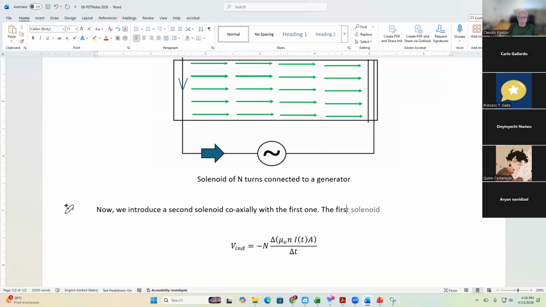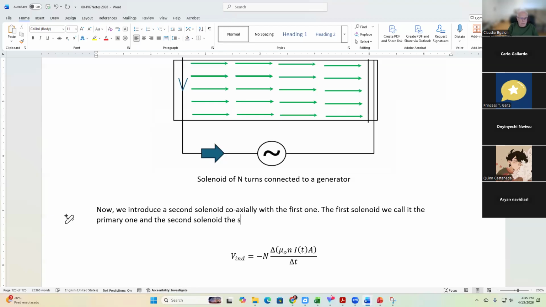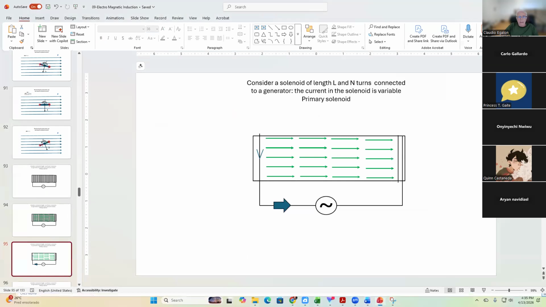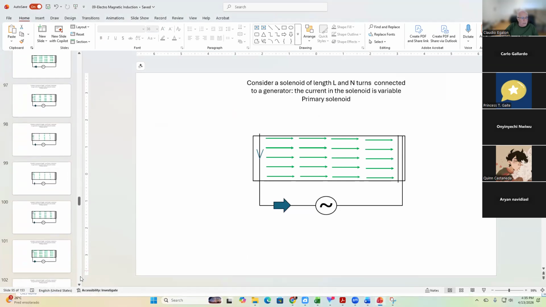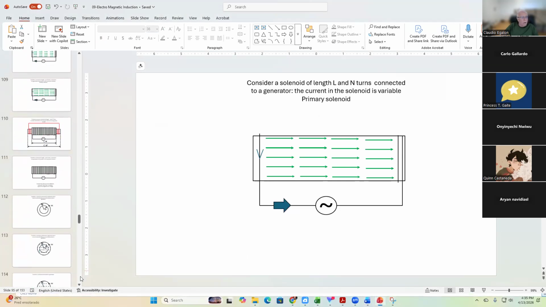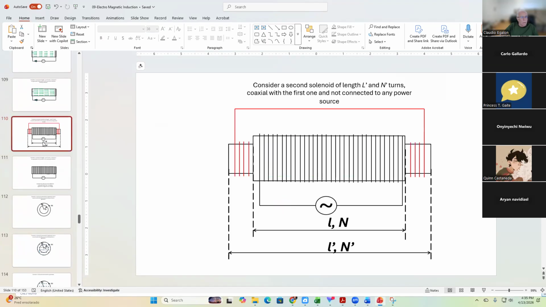The first solenoid we call the primary solenoid, the primary one, and the second solenoid, the secondary one. And it's going to look like this other picture that you saw right here.